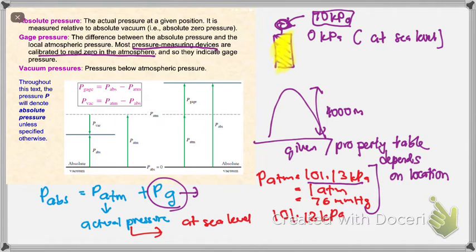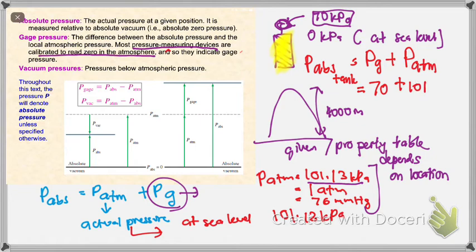Okay, so with that, the P absolute of your tank there is equal to P gauge plus P ATM, which is 70 as the gauge, and that is at sea level, plus 101 kilopascal.